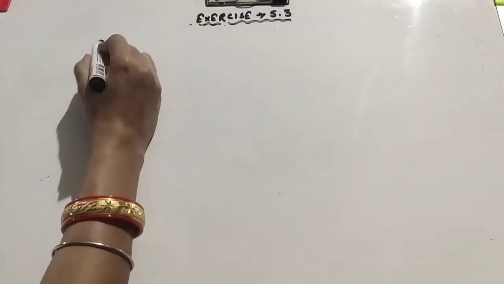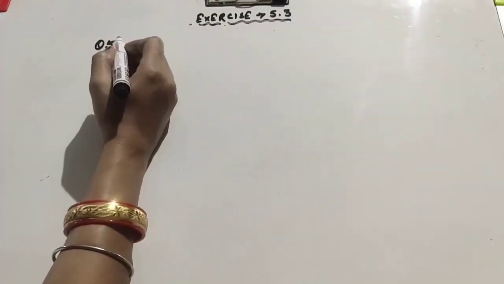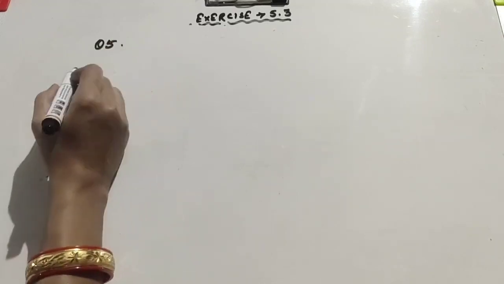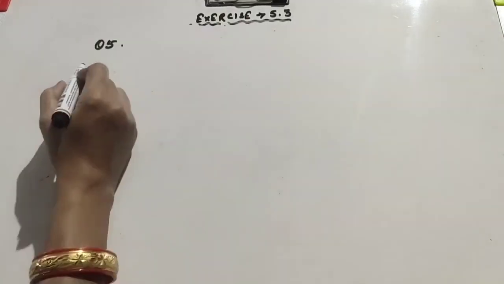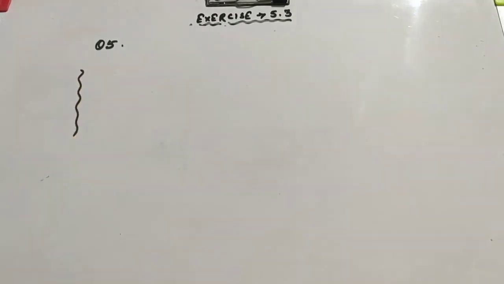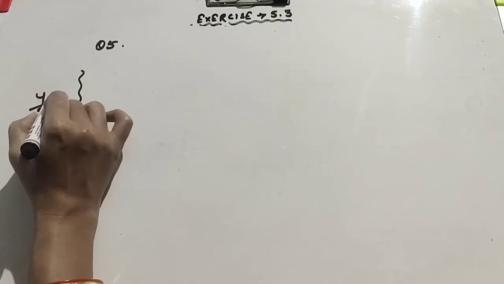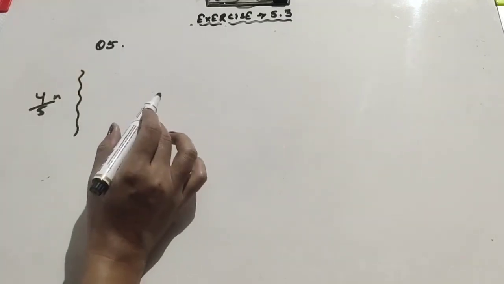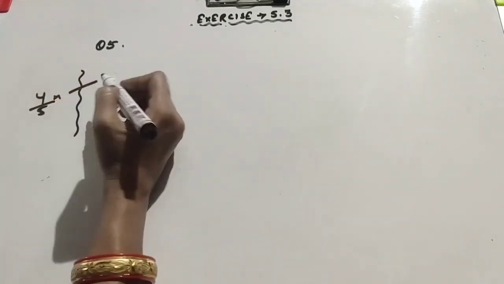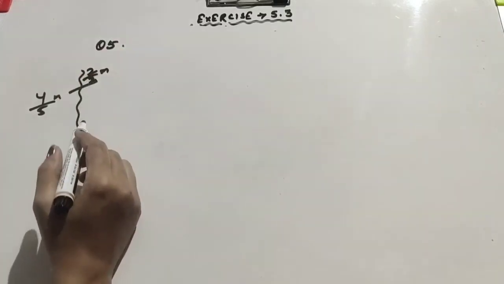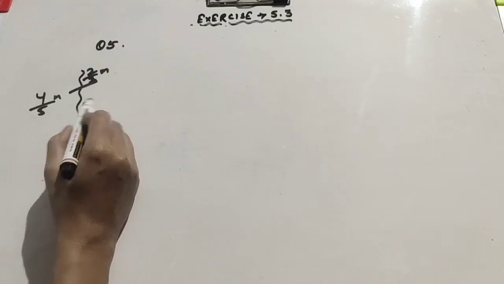Move to question number 5. A 4 by 5 meter long rope. Rope means rassi. This is the rope. It is given 4 by 5 meter. One rope. If one part, suppose this part, is given 2 by 3 meter, we have to find the other part.